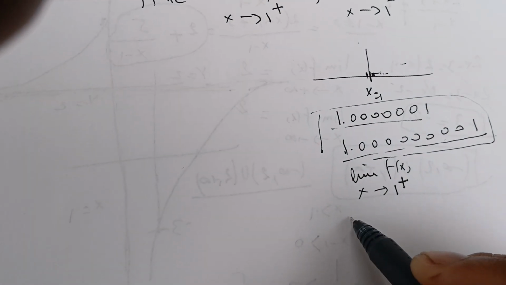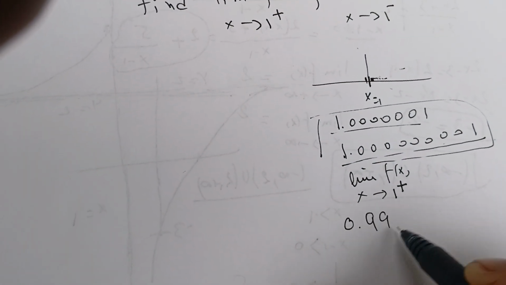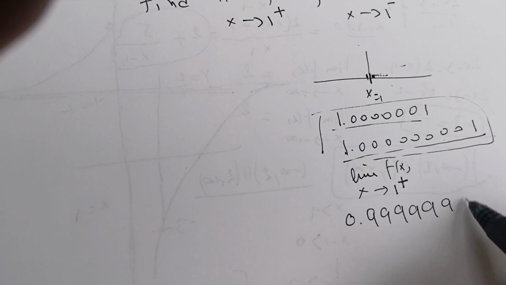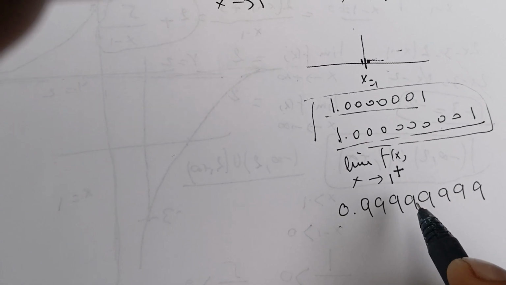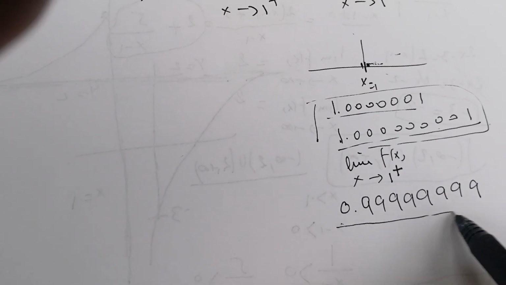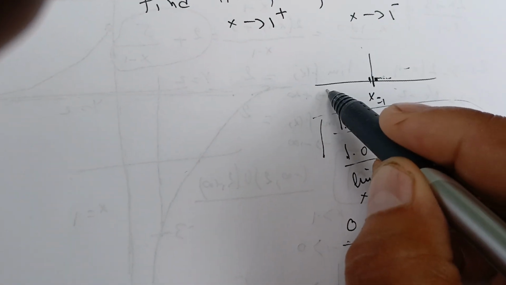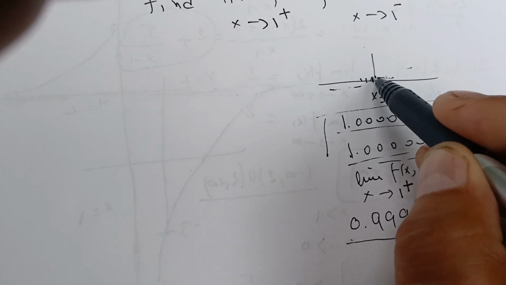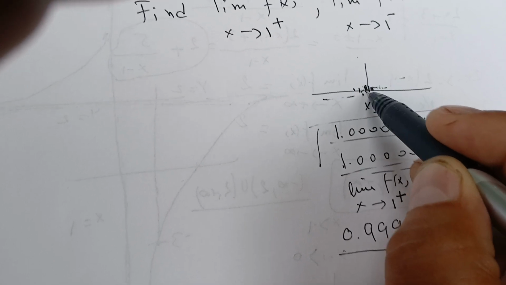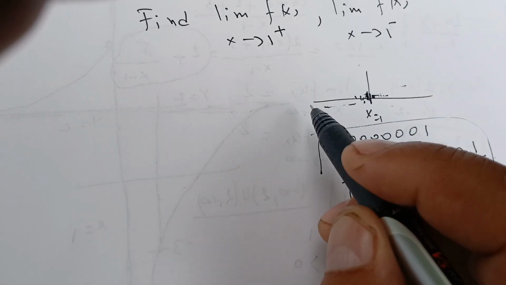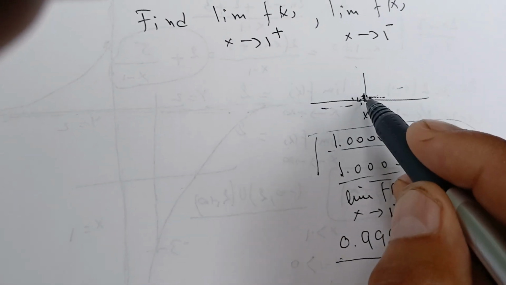That means values like 0.99999999. This is almost 1, but not exactly 1. So from this side I'm getting values that get closer and closer to 1, but they will never equal 1. That's what I mean.